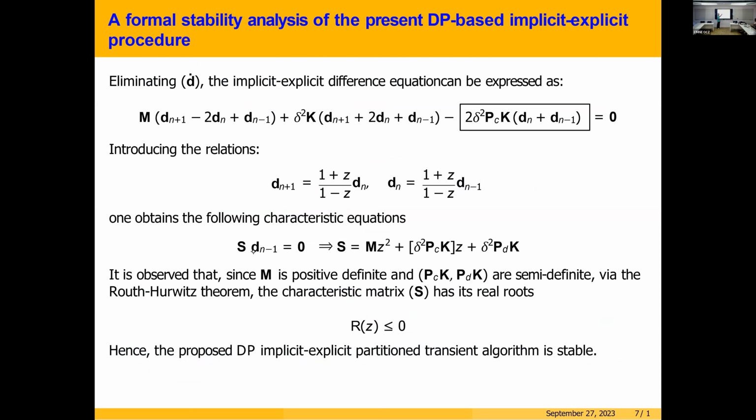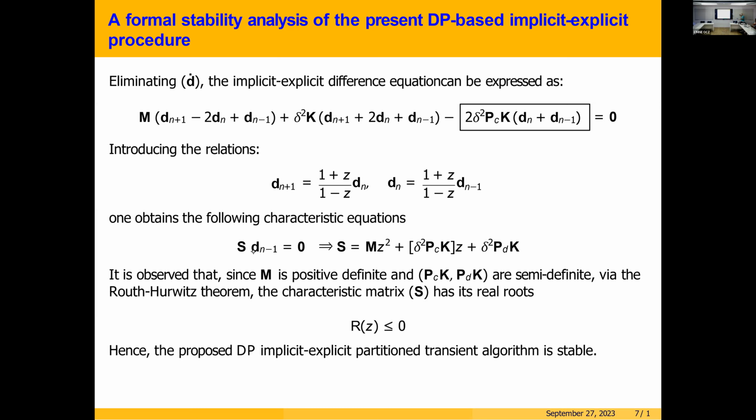When the lambda is mapped on the G plane, in other words, Tn plus 1 will be lambda Tn, where in order for this system to be stable, the magnitude of lambda has to be less than 1. Otherwise, it will blow up.